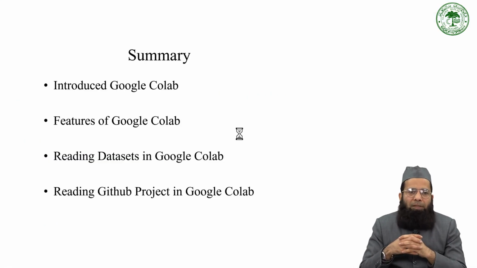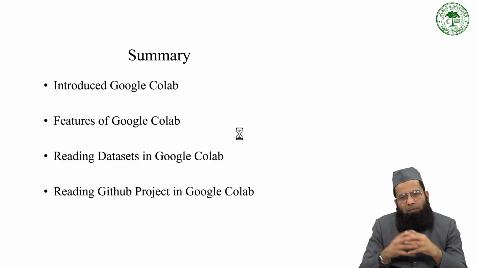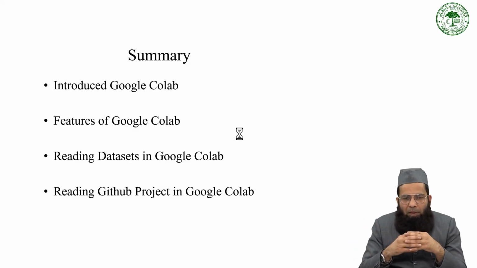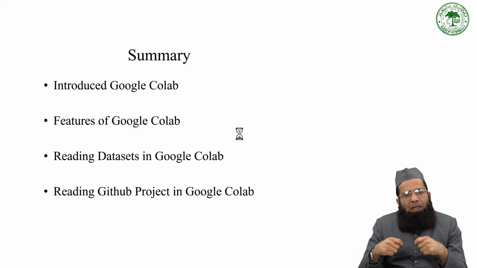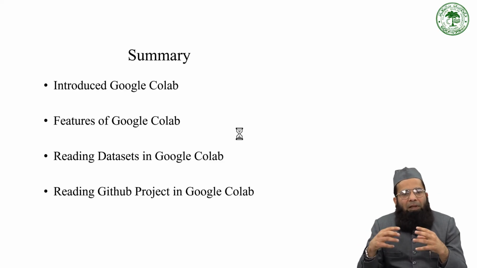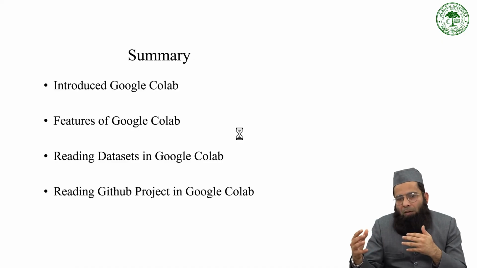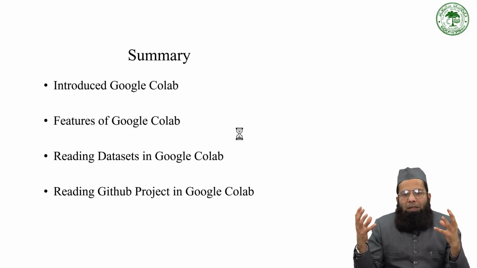So just to summarize, we have seen in this lecture the idea behind Google Colab and what the available features in Google Colab are. How can we read data sets in Google Colab? There are different options through which you can read the data set.